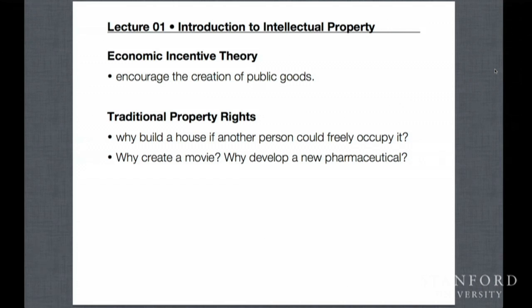You could build on it, improve on it, farm on it, and you're not going to do those things unless you could keep other people off. It's not natural. Just plopping humans on this earth, the concept that this land is mine, and there's a legal right behind it, we came up with that.